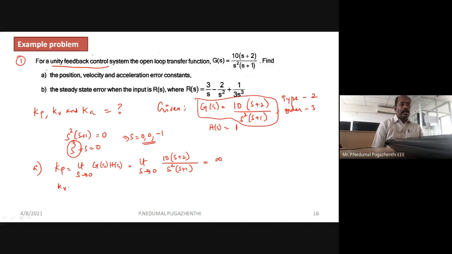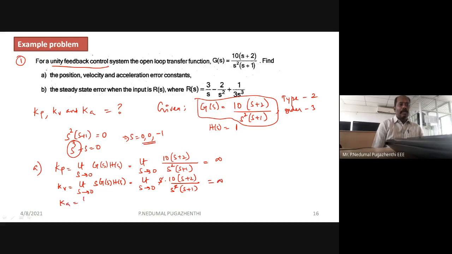Then Kv is equal to limit s tends to 0, s into G of s H of s. The s will cancel one s of the s squared, but you will still have one more s in the denominator. If you substitute s is equal to 0, you will get infinite again. So s into (10 s plus 2) divided by s squared into (s plus 1); the s cancels, but you will again get infinite.